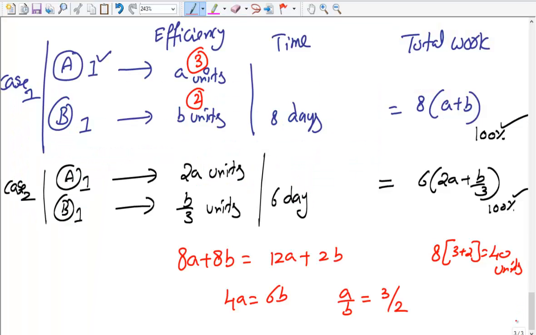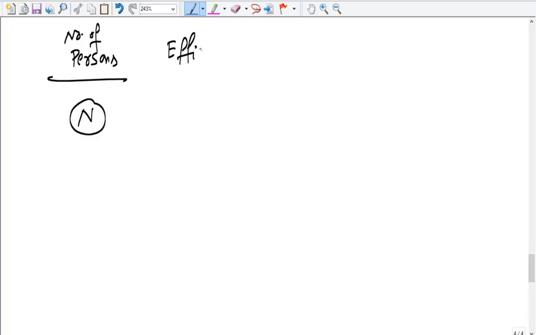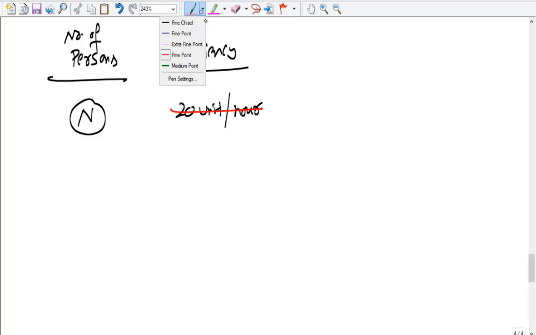Now, as per the information given, it's a group sent, that is the number of persons that is unknown, we can say it's n. Efficiency is given as 20 units, but we can simply strike it off. We don't need it actually, because efficiency is the same for every person.